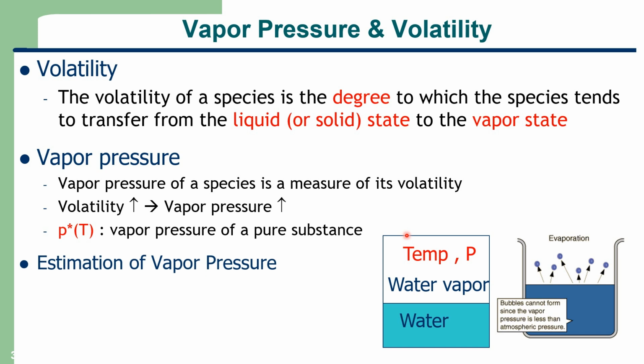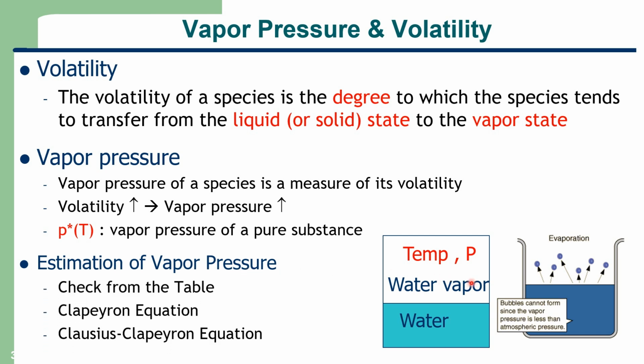So how do you estimate the vapor pressure? For example, in a closed system, you know the pressure, you know the temperature, you know the species or substance in this system. How are you going to determine or estimate the vapor pressure? Of course, you can do the experiment. You can check from the table of water or alcohol or acetone.